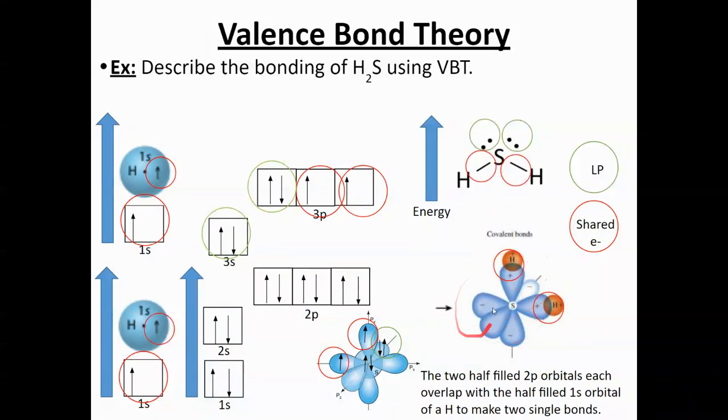And we could draw a little diagram like this to show the overlap that's happening. Little circles or spheres represent the hydrogen electron overlap with the 3p1 orbital of the sulfur, and then over here another 3p orbital of the sulfur overlapping with another hydrogen, and that shows what the bonding would look like.